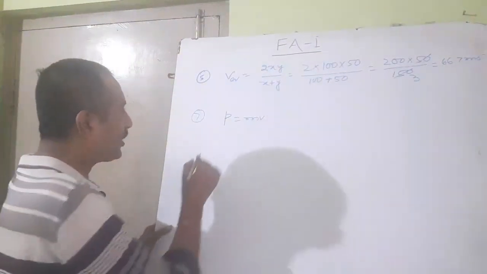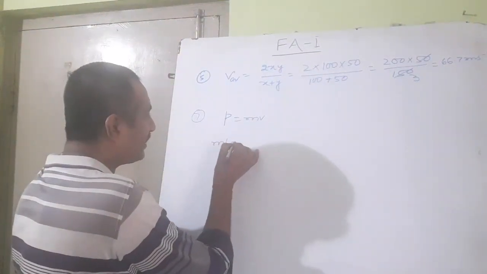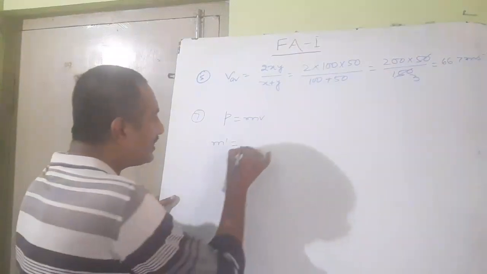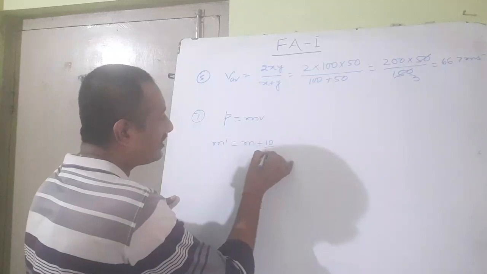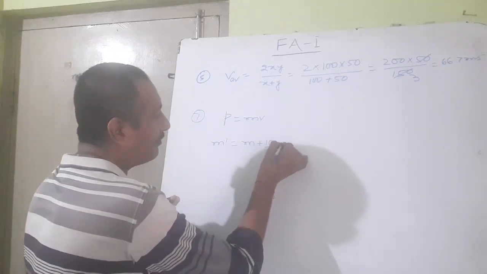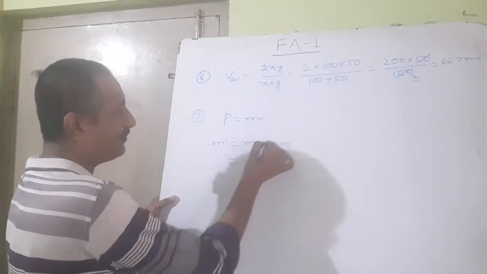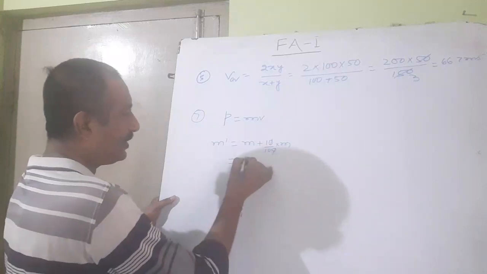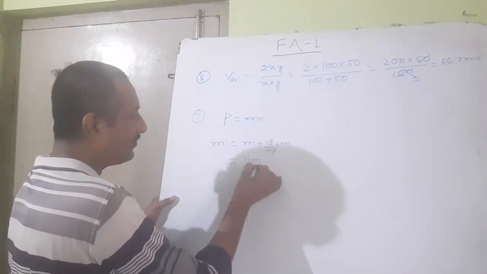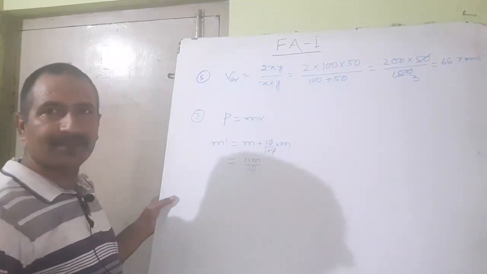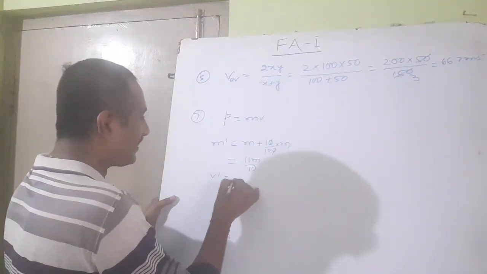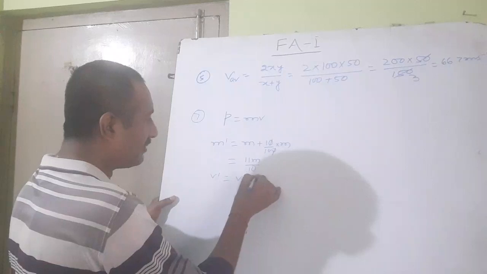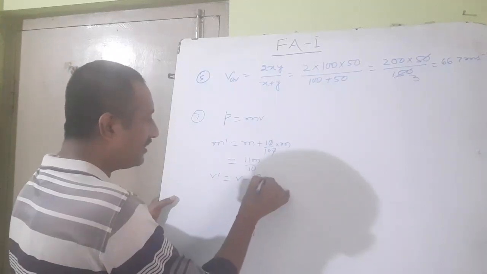M is increased by 10%. Suppose m dash, the new mass, is increased by 10%, means m plus 10% of m. How much will it be? It will be 11m by 10. And velocity is decreased by 10%, means v minus 10 by 100 v.